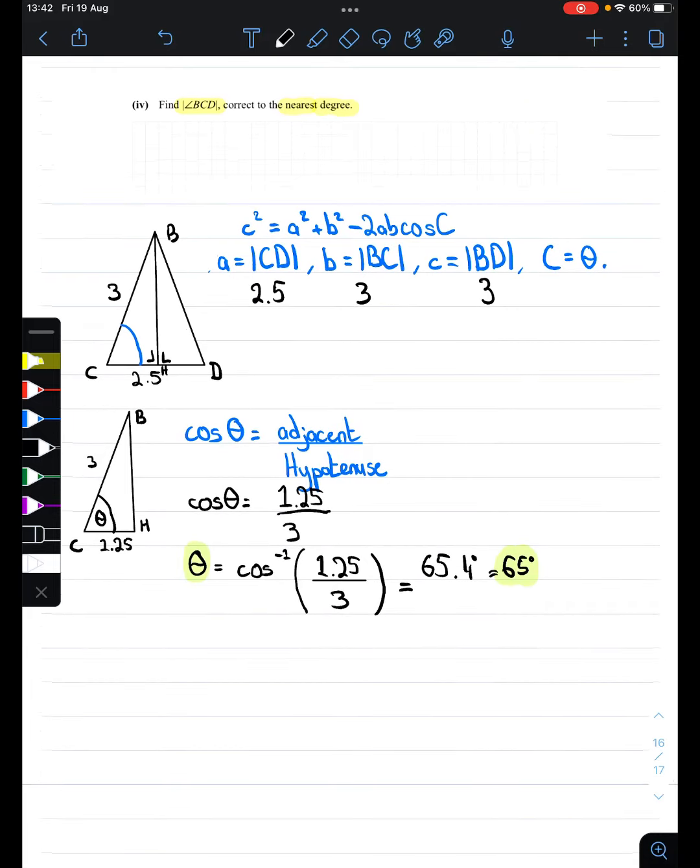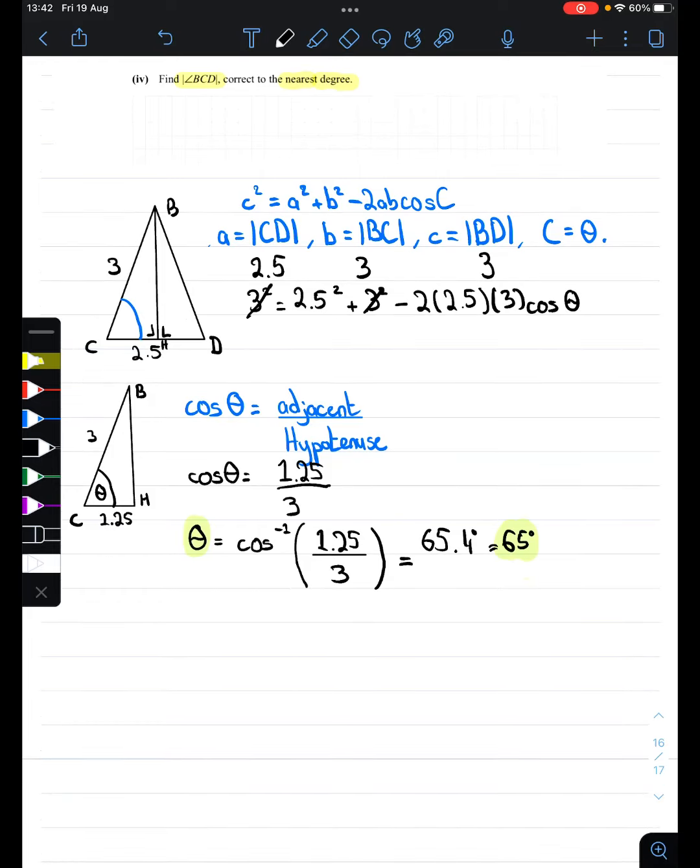So then if we plug that in, we get 3 squared equals 2.5 squared plus 3 squared minus 2 by 2.5 by 3 times cosine of theta.